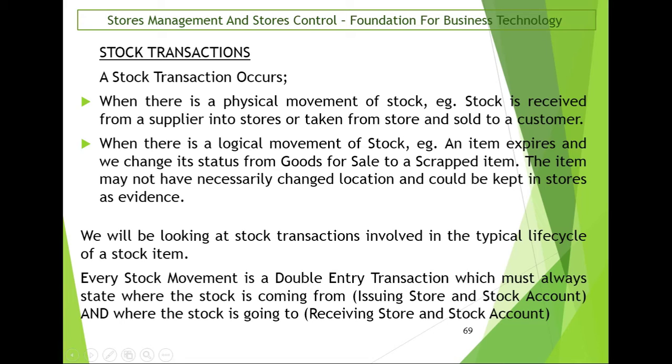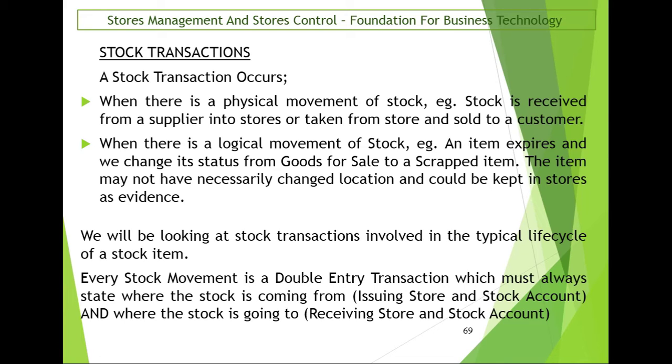A stock transaction can also happen even when there has been no physical movement. This happens when there is a change in the logical position of stock. So we refer to it as a logical movement. Take, for example, an item that is expired and we change its status from goods for sale to a scrapped item.